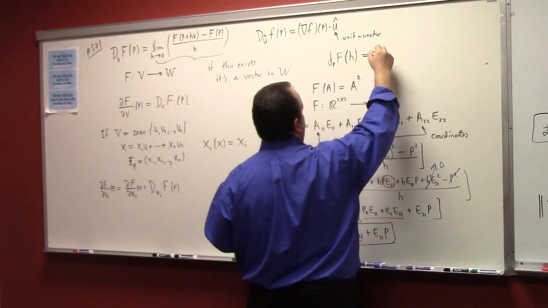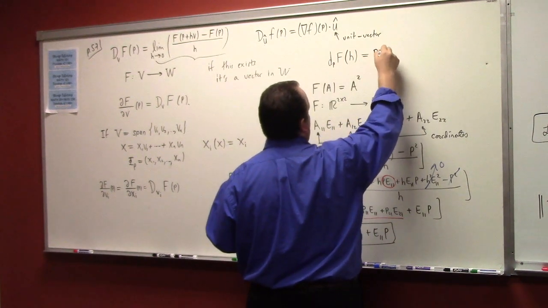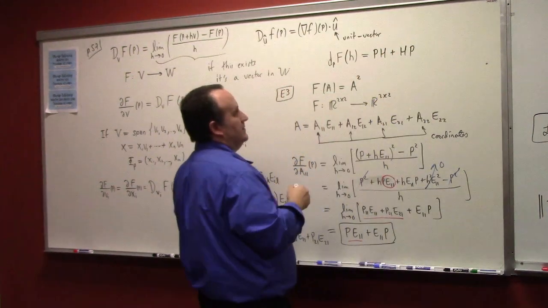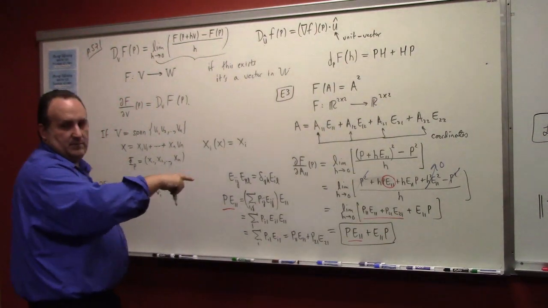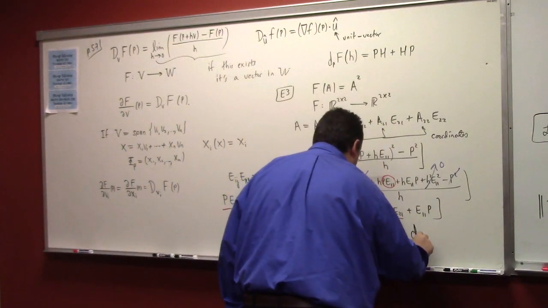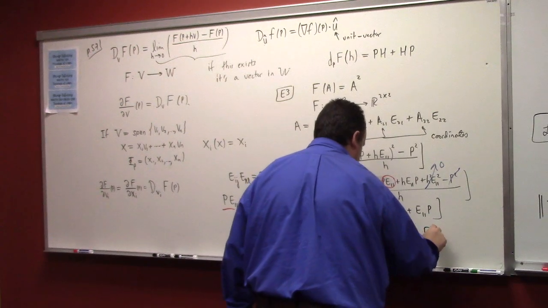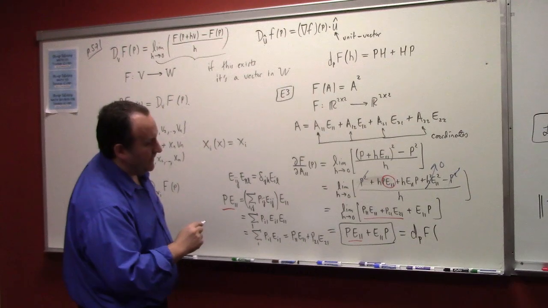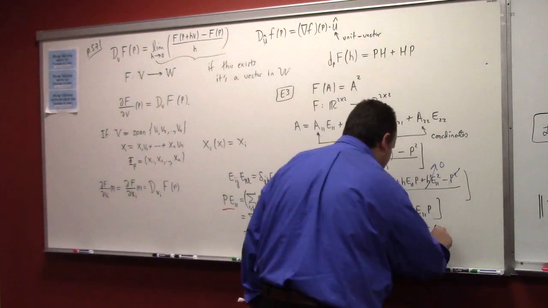In my current notation, it was PH plus HP. I mean, we had an A here instead of a P. So this would be the differential. Thank you so much for saying that, Ernesto. This would actually be the differential of F at H equal to what? E11. Right. That is not an accident.